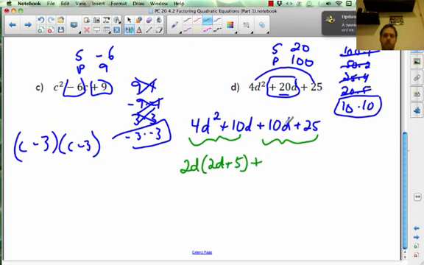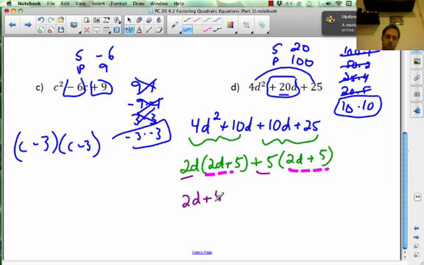Similarly here, we can take out a maximum of 5 from each one. There's no d common to both. So all we can do is remove a 5. 10 divided by 5 is 2, so that leaves us with 2d. And 25 divided by 5 is 5. And again, you'll notice here that we've got 2d plus 5 and 2d plus 5. In both of these terms, 2d plus 5 is multiplied.